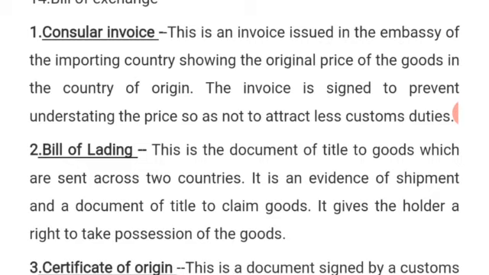The custom duties that will be collected by the importing nation will be reduced compared to when the goods are imported from a non-member country. So for example, countries in ECOWAS.